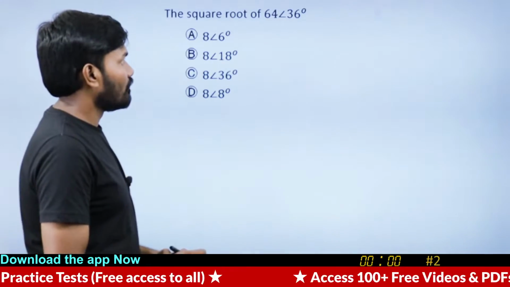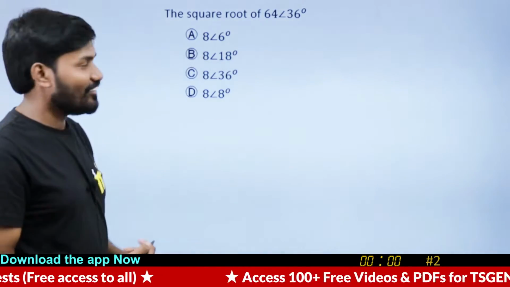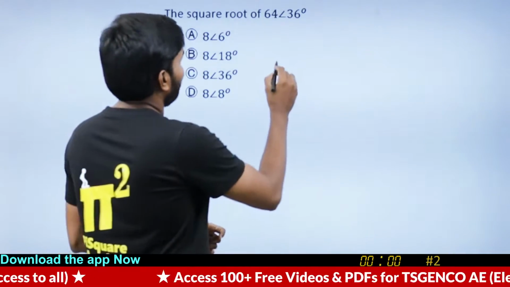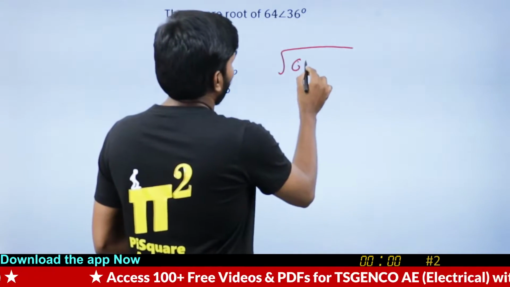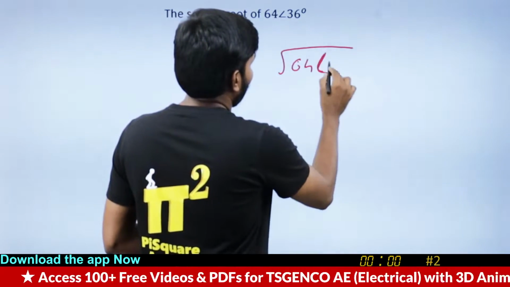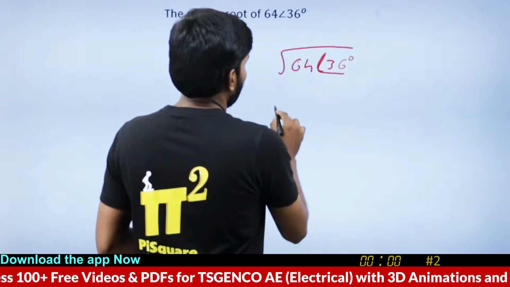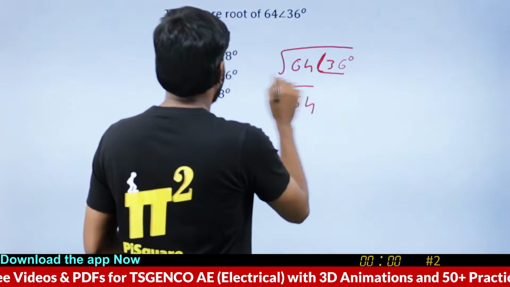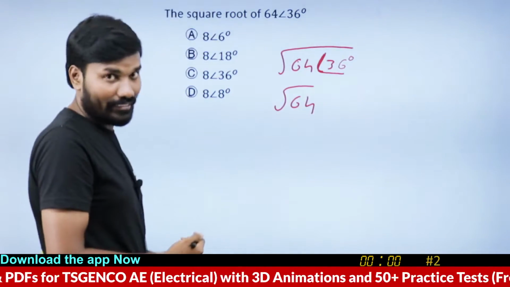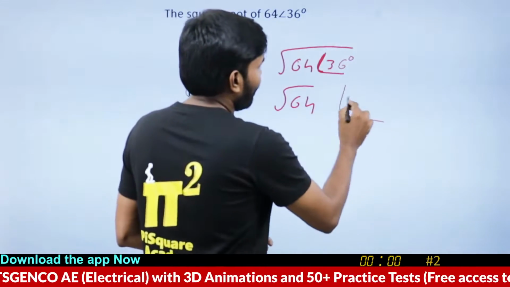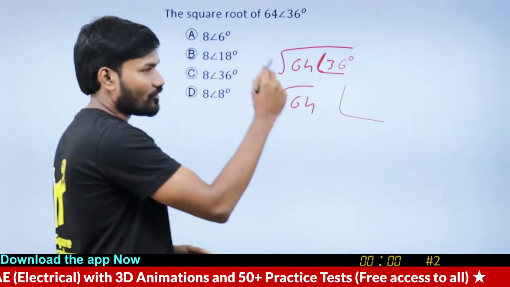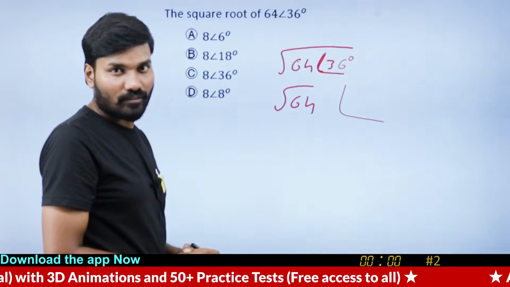Square root of 64 at an angle 36. Again, this is also one of the previous questions. Means square root of 64 at an angle 36 degrees. So square root of 64 is 8, and already all options are having 8. And this is 36 square root, means 36 to the power 1 by 2.